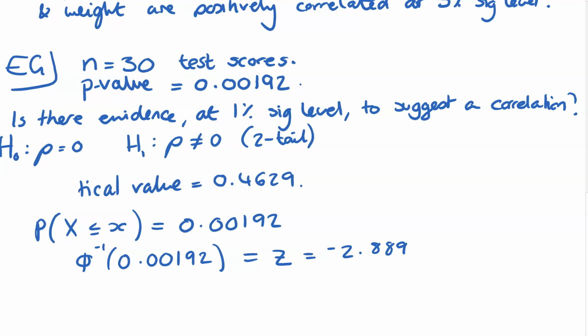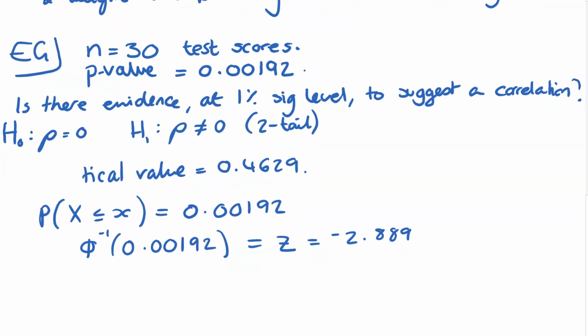So I've gone to my distributions, gone to inverse normal, set my area to be 0.00192, and my n was 30. And I've also assumed that it's a standard normal, so distributed normally with mu being 0 and sigma being 1. Anyway, you get negative 2.889 from that.